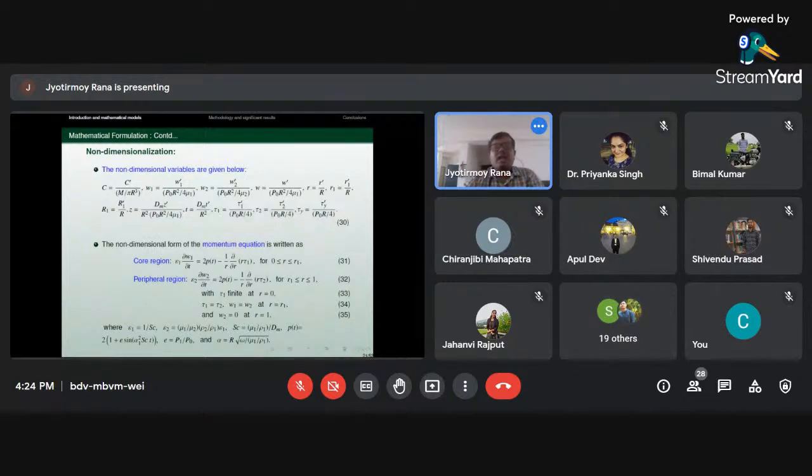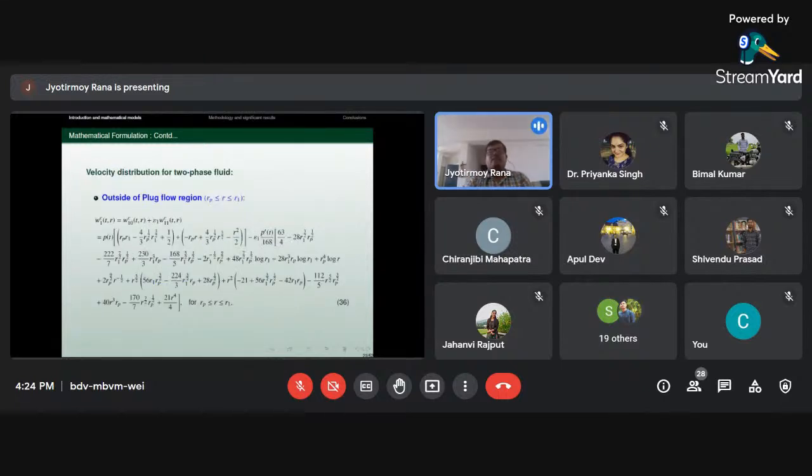So now we have introduced the non-dimensional variables to get the non-dimensional form of the momentum equation. And here we get the two regions: one is the core region, another is the peripheral region. So we have two momentum equations, and after solving them, we get the velocity distribution for the two-phase fluid.